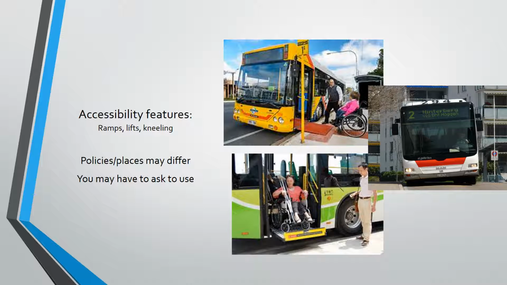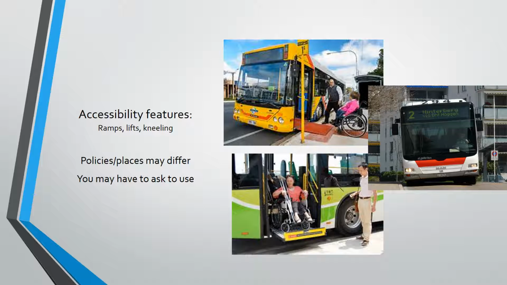Now I say here that policies and places may be different because in some places it's a liability issue for the bus driver to actually step outside of the bus and help an individual on a wheelchair get on the bus. And so talking to the Bismarck area public transportation, I was told that the bus driver is not allowed to get out of his seat unless he is latching a wheelchair to a lift or latching a wheelchair into place.